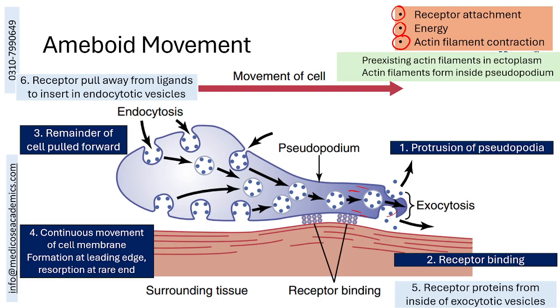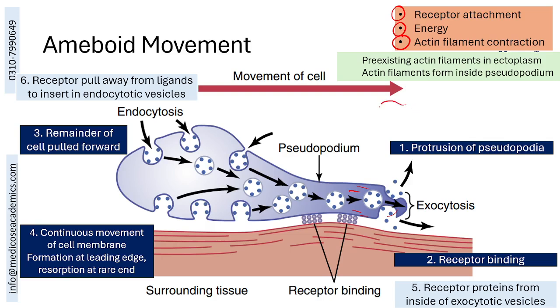The pre-existing actin filaments in the ectoplasm rearrange and increase their assembly inside the leading pseudopodium when the amoeboid locomotion is occurring. So let us quickly recall what happens during the amoeboid locomotion.